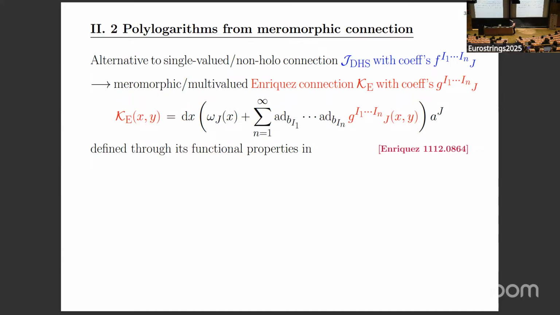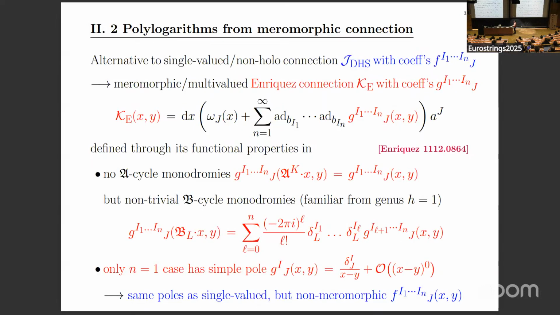He indirectly defined functions G, which have the same enumeration like the Fs, but which are meromorphic and have good monodromies in the sense that moving a point around the A cycle is trivial, and moving a point around the B cycle is somewhat covariant in the sense that the right-hand side, all the B monodromies, are expressible in terms of the same family of kernels G.